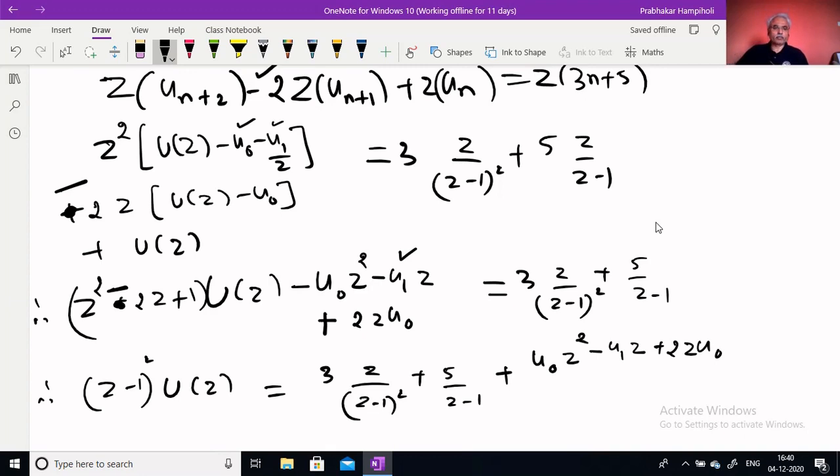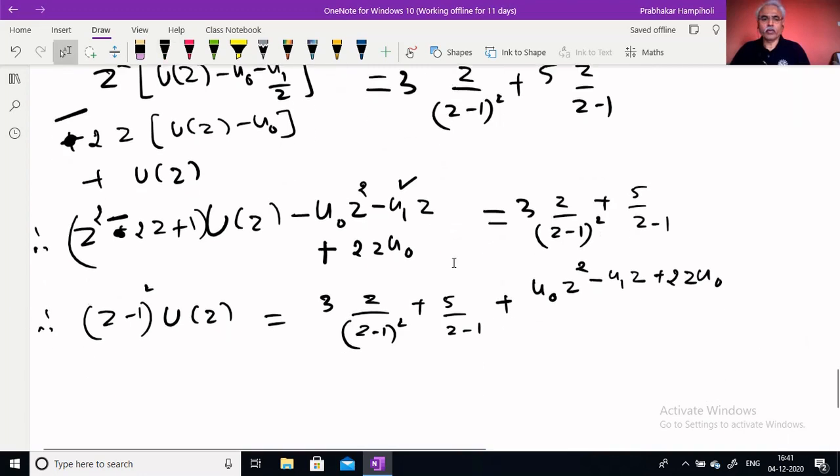So what all we did? z square minus 2z plus 1 into u of z minus u0 z square minus u1 z plus 2 times z into u0. If you multiply this inside, you are going to get these terms. And when you transfer all these terms to the right hand side, what are you going to get at last?